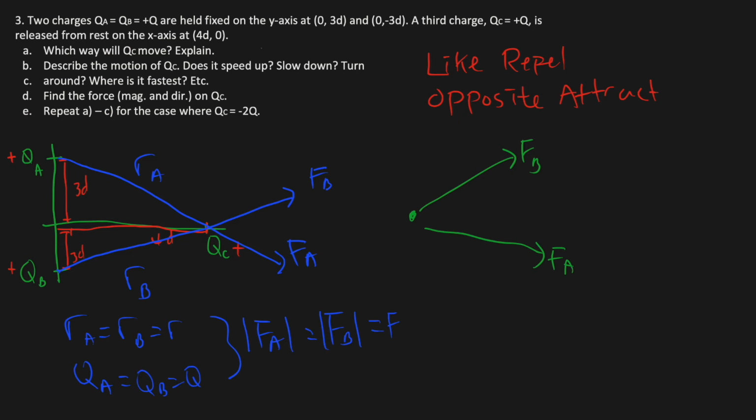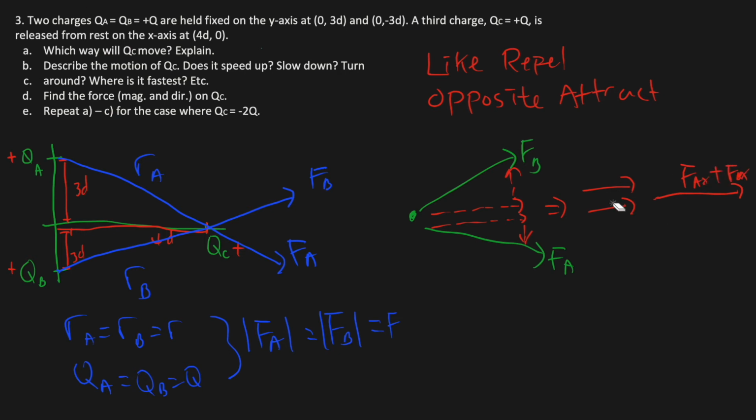Here is FB, here is FA, and they're equal in magnitude. So you can separate them into components: a horizontal component for FB, a vertical component for FB, a horizontal component for FA, and a vertical component for FA. Then the vertical components cancel off, so it looks something like this. And this becomes the net force, which is FAx plus FBx.